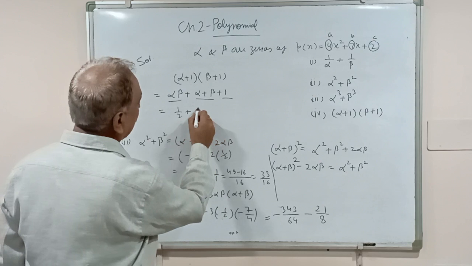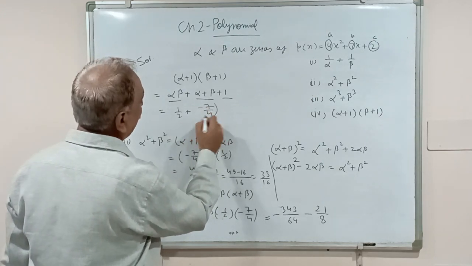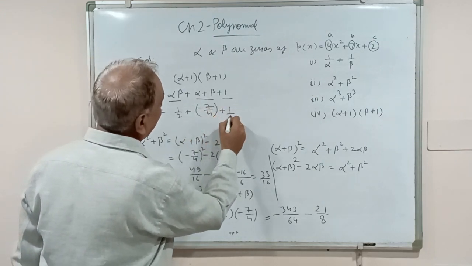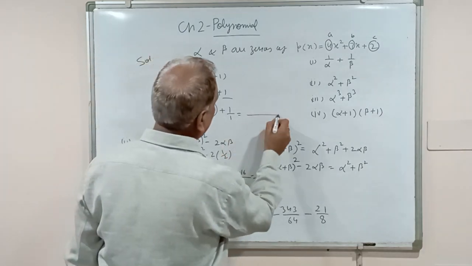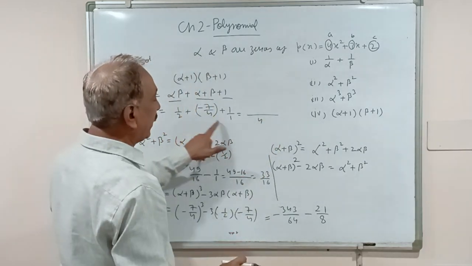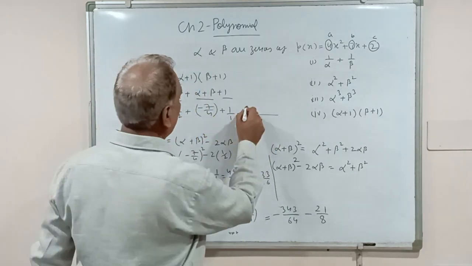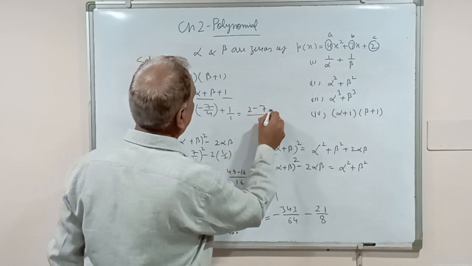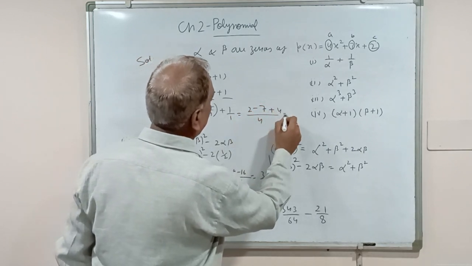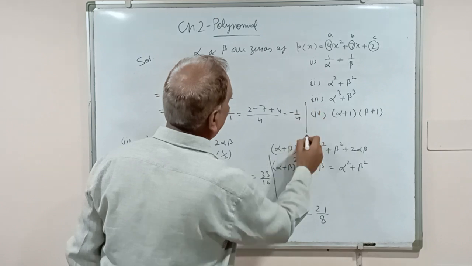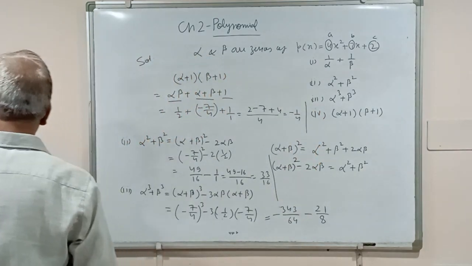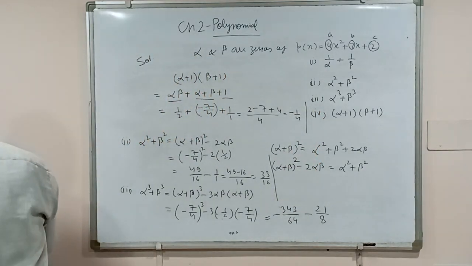Alpha plus beta is minus 7 by 4, plus 1 means 1 upon 1. Take LCM, 2, 4 and 1, LCM is 4. This is 2 minus 7 plus 4. This is minus 1 by 4.